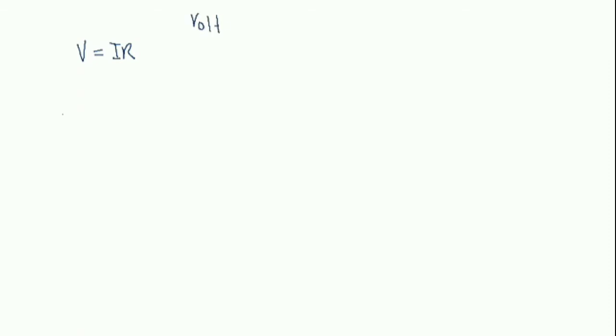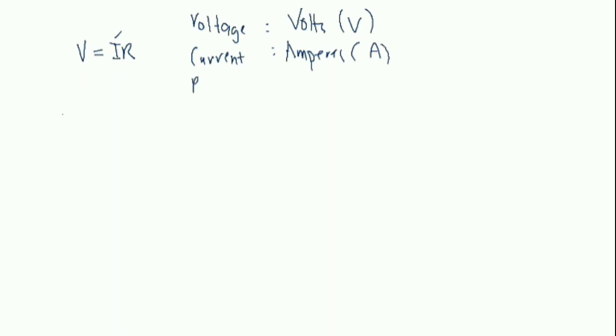So let us recall: voltage is measured in volts, the unit is V. The current, the I, is in terms of amperes, or A. Then the resistance is measured in ohms.